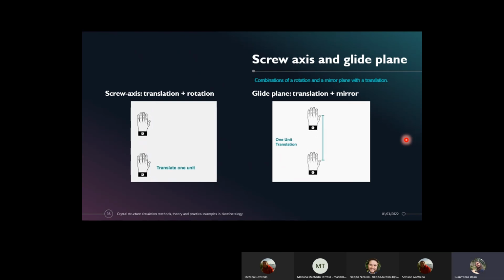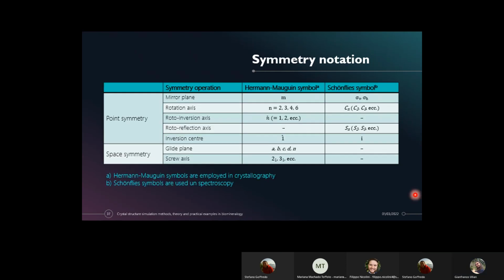So we can make a summary of the symmetry notations here. We saw the mirror plane, the rotation axis, the rotoinversion axis, the rotoreflection axis, and the inversion center for point symmetry. In space symmetry, we have the translations, the repetition of the pattern along the three crystallographic directions A, B, and C, and the combined operations, which are the glide plane and the screw axis.